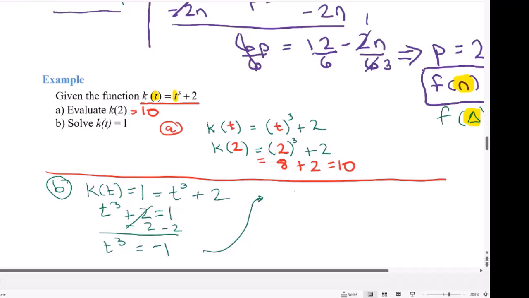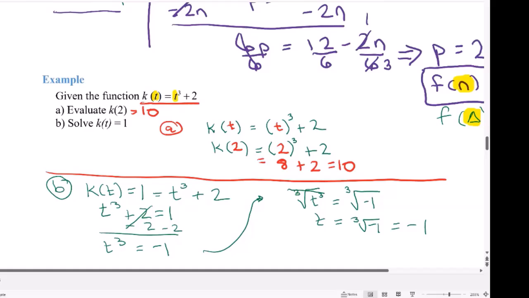I can take the cube root of both sides. That cancels those, and I end up with t equals the cube root of -1, which equals -1, because -1 times -1 equals +1, times -1 equals -1.